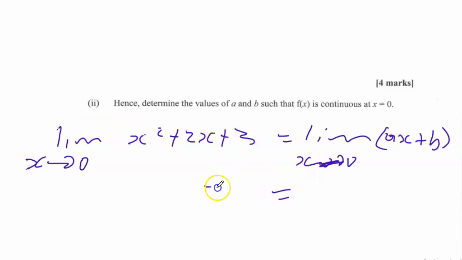Alright, as x approaches 0 this is 3, and this is b. Alright, so b is equal to 3.